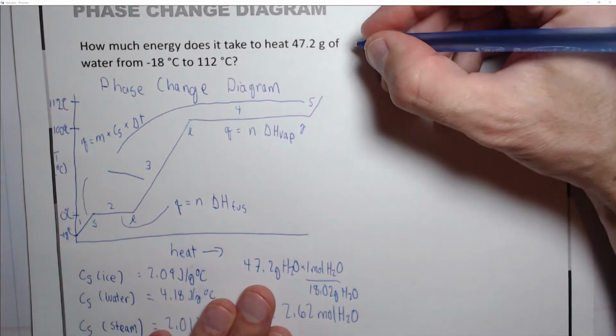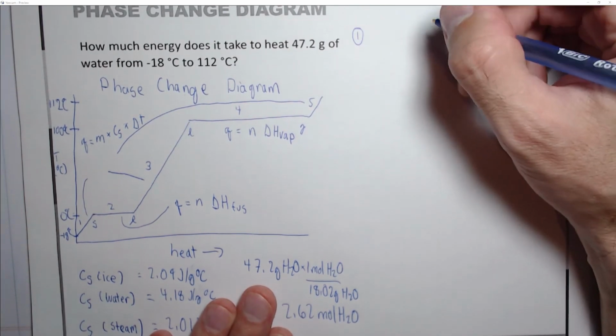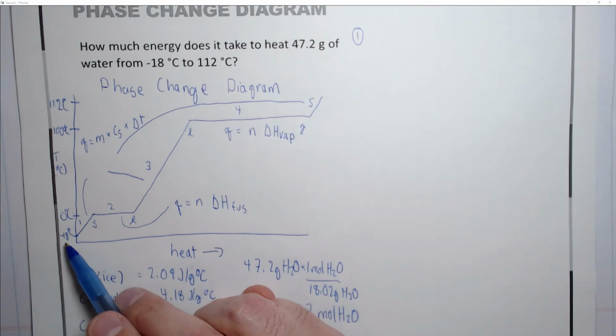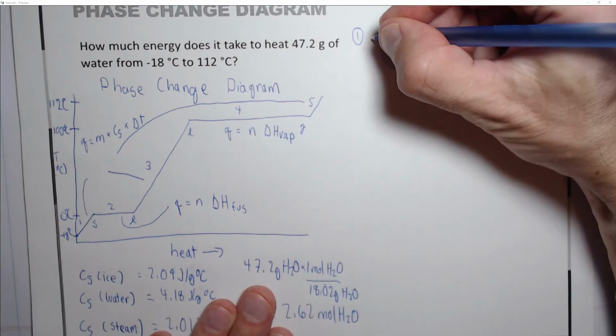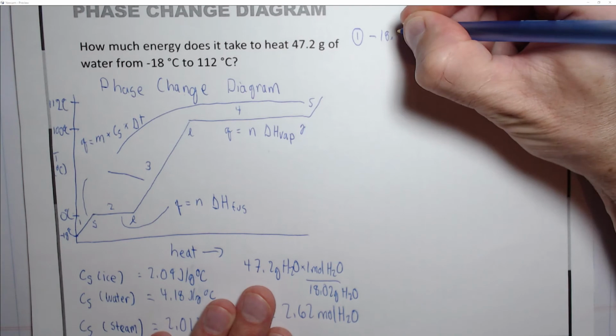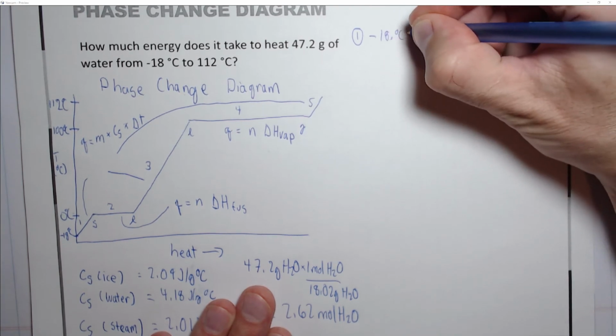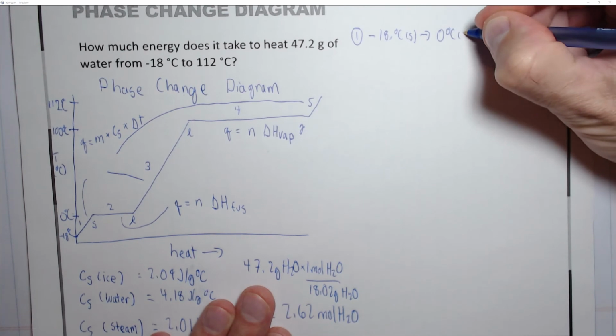So the first thing I want to do is segment 1, just because it comes first. Segment 1 involves going from minus 18 degrees C solid to 0 degrees C solid. So I'm going to write that as minus 18 degrees C solid to 0 degrees C solid.